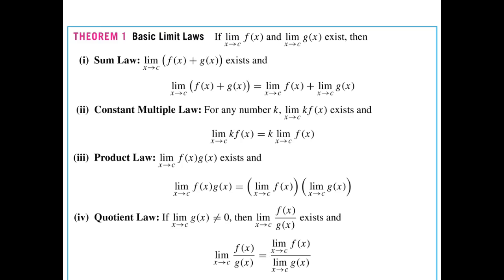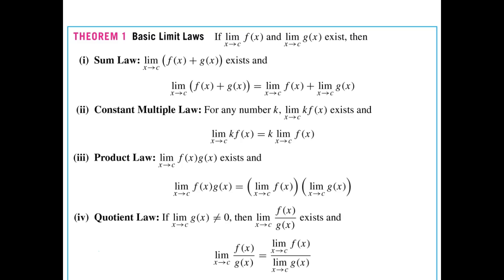Then, the sum law says the limit of the sum of two functions also exists as x approaches c. The limit of the sum of two functions is the sum of the limits.